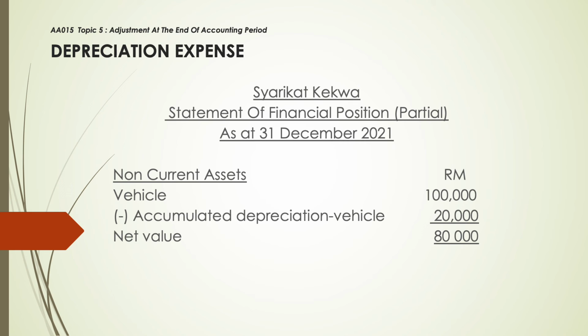But why is accumulated depreciation 20,000 ringgit? It is because accumulated depreciation is depreciation expense for the current year 10,000 ringgit plus depreciation expense from the previous year, another 10,000 ringgit, coming to a total of 20,000 ringgit. Therefore, net value vehicle will be 80,000 ringgit.